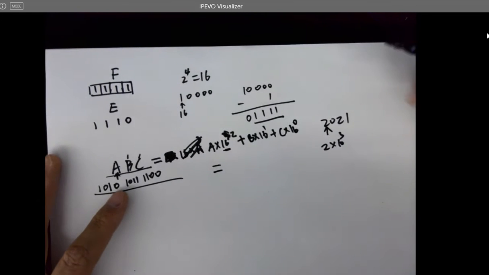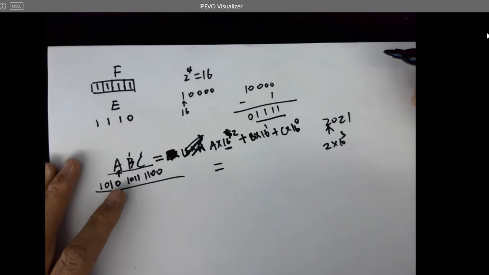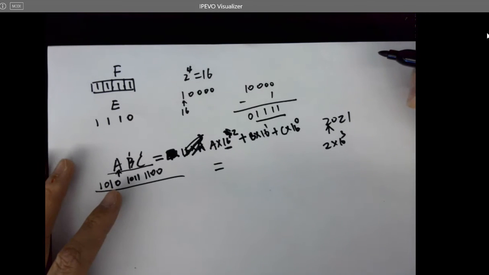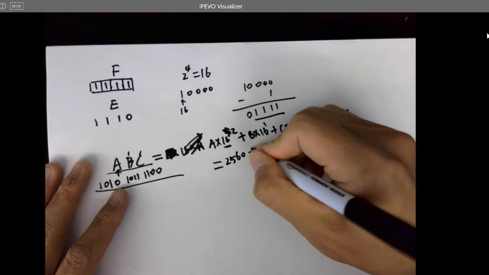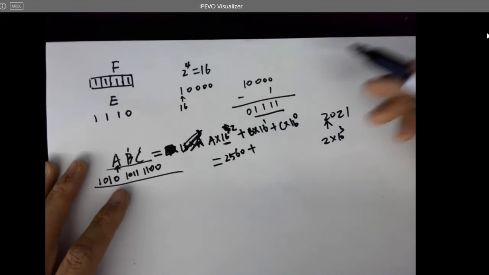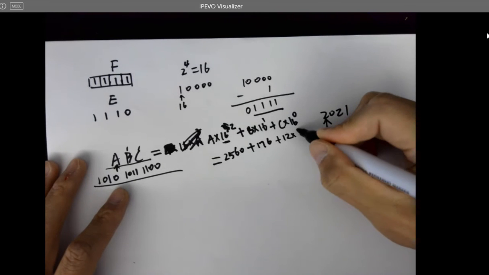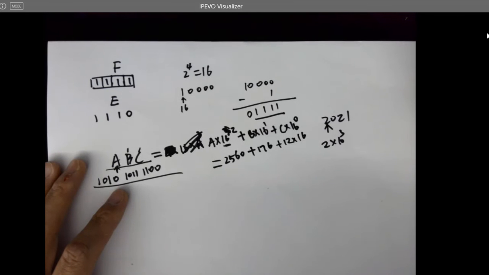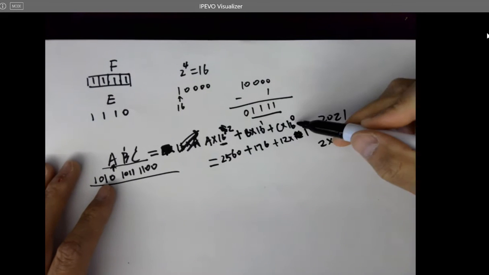What's 16 squared? 256. So 256 times 10, plus 11 times 16, which is 176, plus 12 times 1.